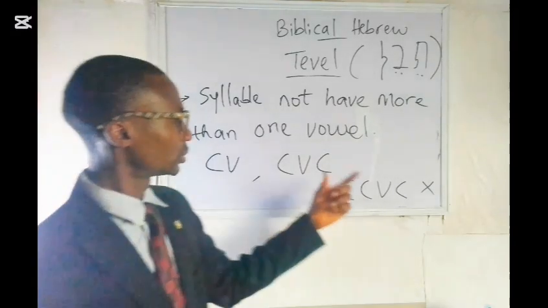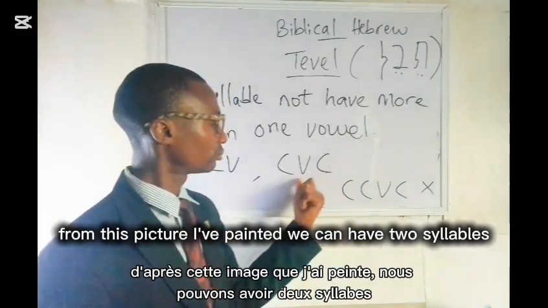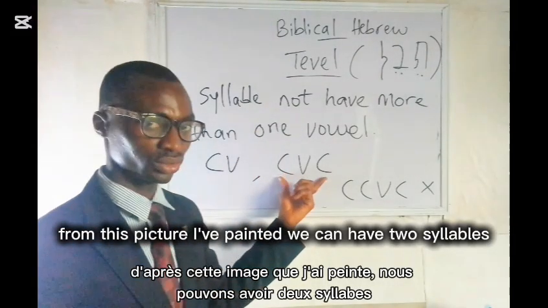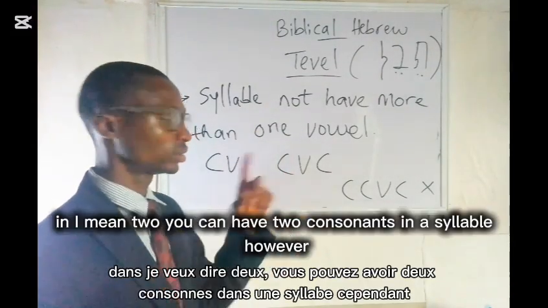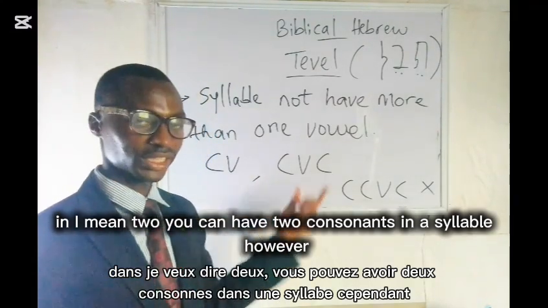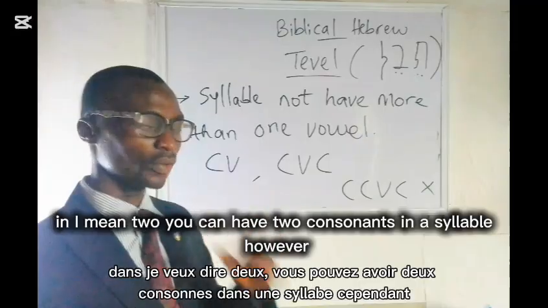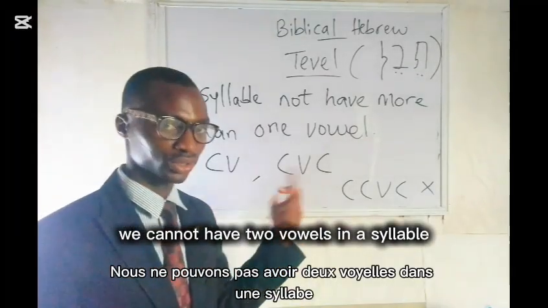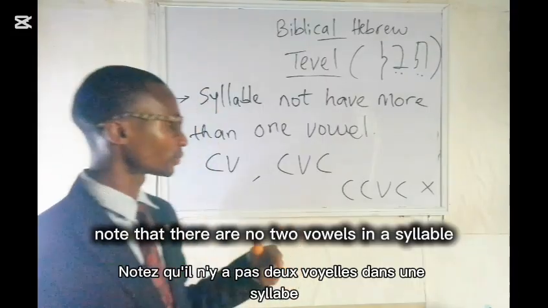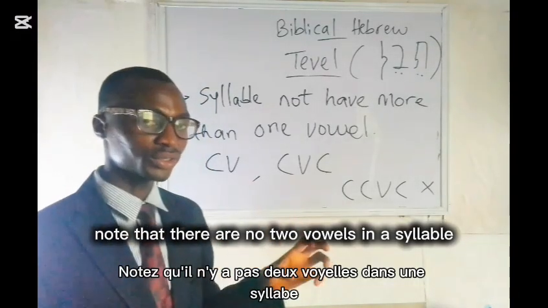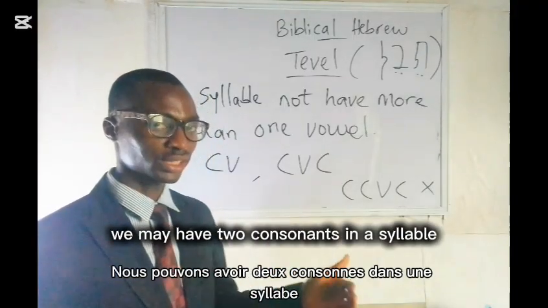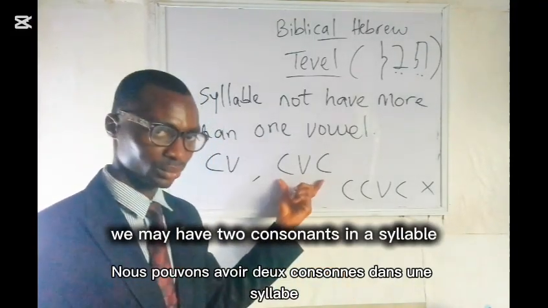Now, from this picture I've painted, we can have two consonants in a syllable. However, we cannot have two vowels in a syllable. Note that there are no two vowels in a syllable, but we may have two consonants.